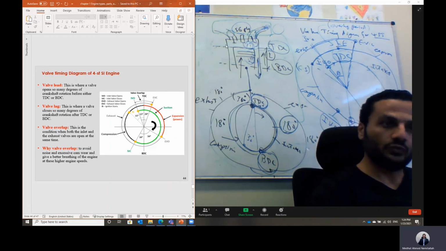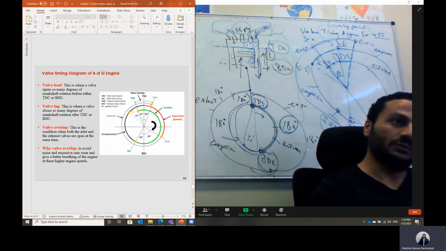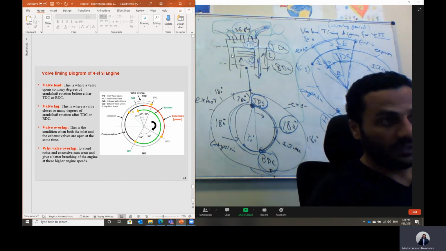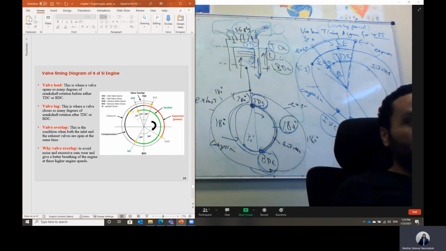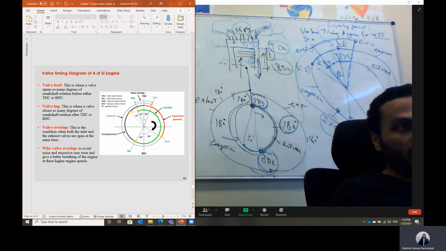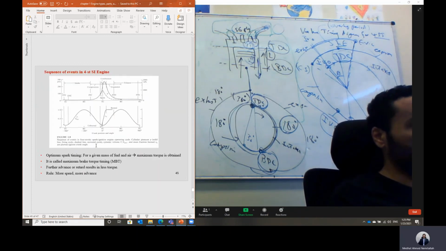So we have to open it when the piston is a little bit away from the top dead center. It also allows more air into the engine when we open the intake valve before the top dead center, and the exhaust valve closes after the top dead center to make sure all of the exhaust gases have left the engine.